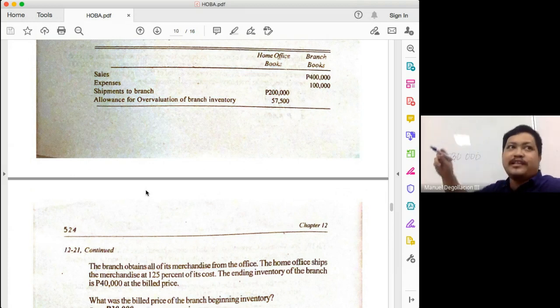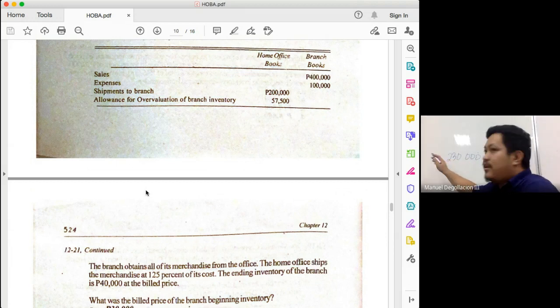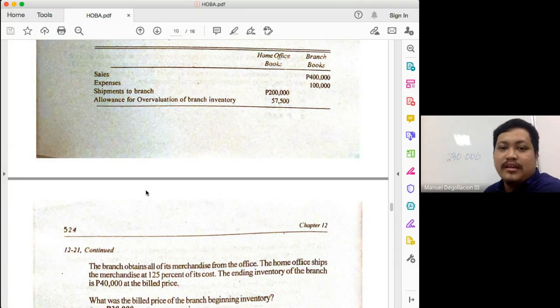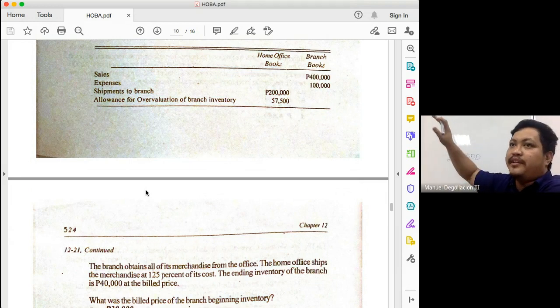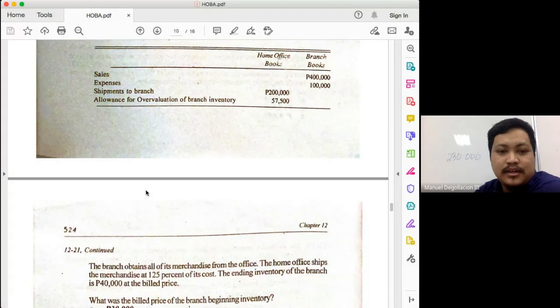But be careful, this is still at cost, because you just divided it by 25%. Remember, the markup is based on cost. Markup is 25%, markup is 57,500, and 57,500 is 25% of 230. Be careful, the 230 is still at cost.